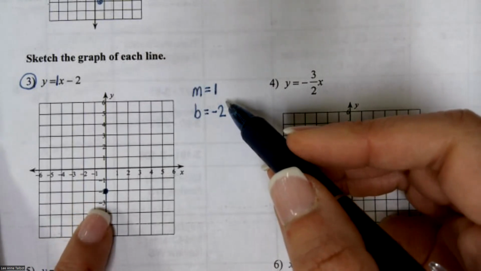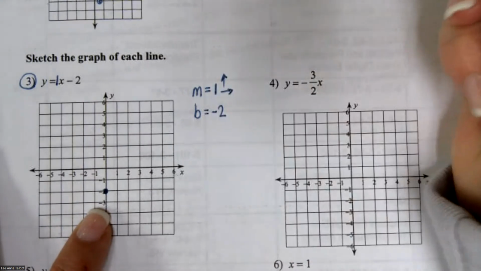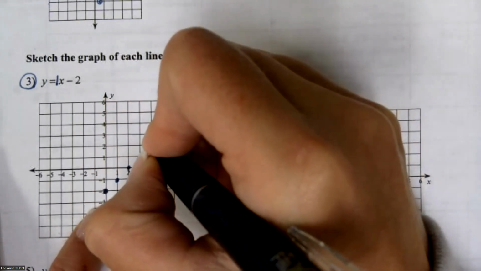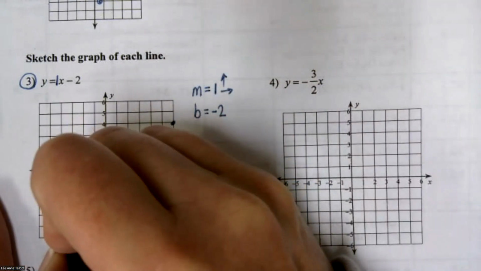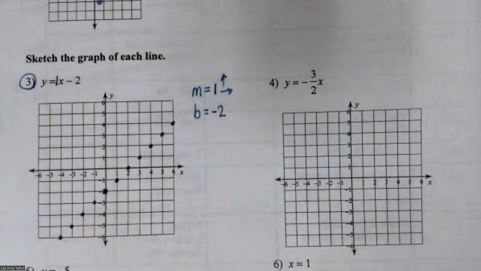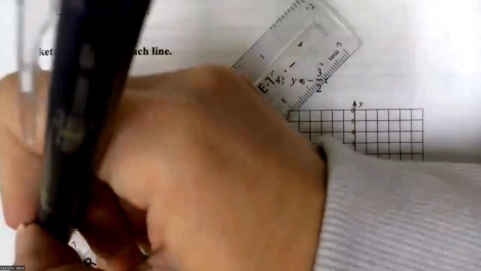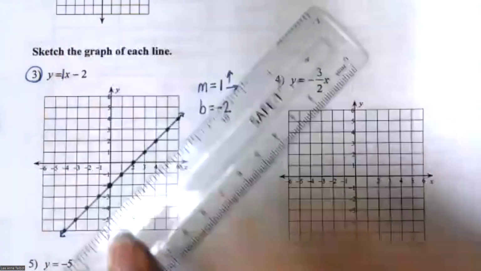And then the slope is 1. So that means we're going to go up 1, right 1. And then backtrack that back down. And draw the line.